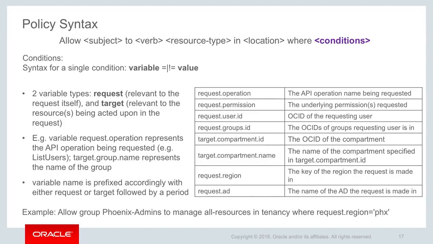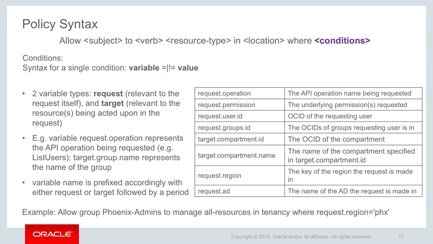Another example could be allow compute admin to manage instances in a tenancy where the request.operation is different than terminate, so they can do everything but terminate the compute instances.